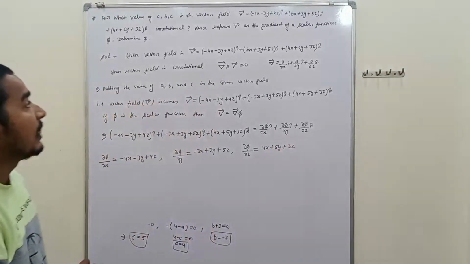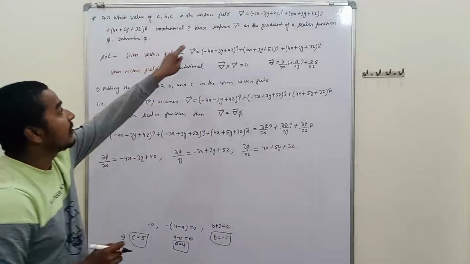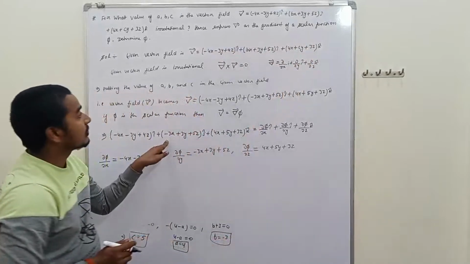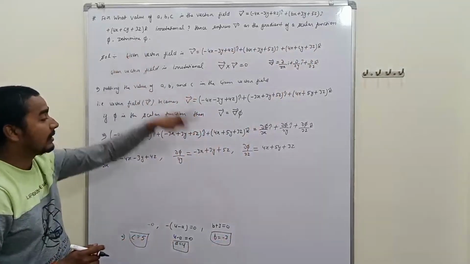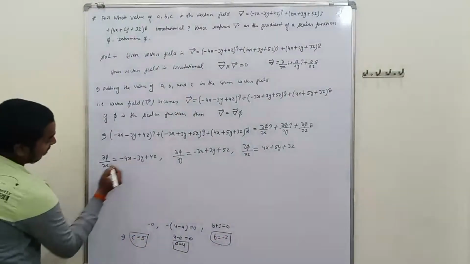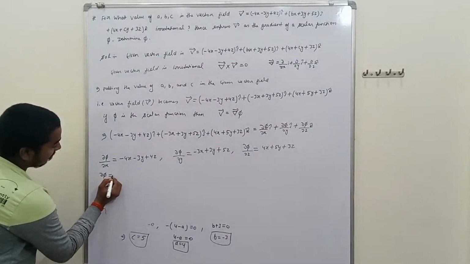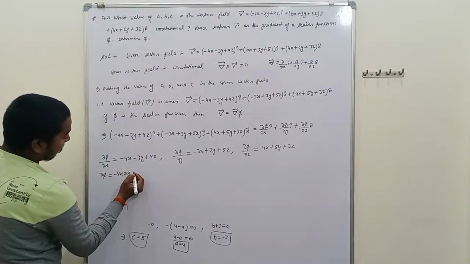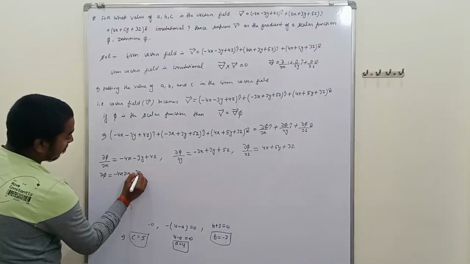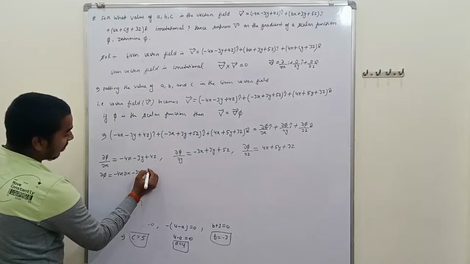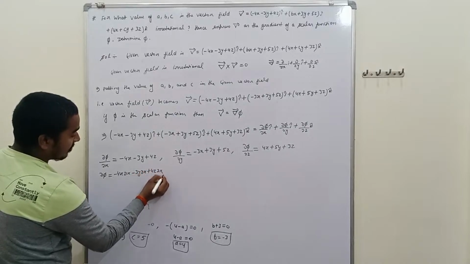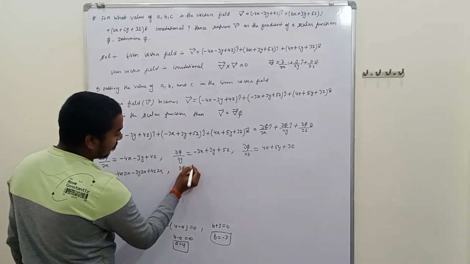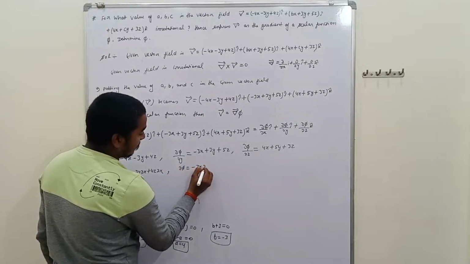In the given question, first we have to set vector b as the gradient of a scalar function, which we denote as a, and further we have to find the value of φ. Then we can write ∂φ = -4x ∂x - 3y ∂x + 4z ∂x. Similarly, ∂φ = -3x ∂y + 3y ∂y + 5z ∂y.